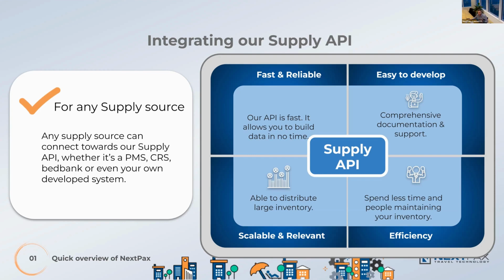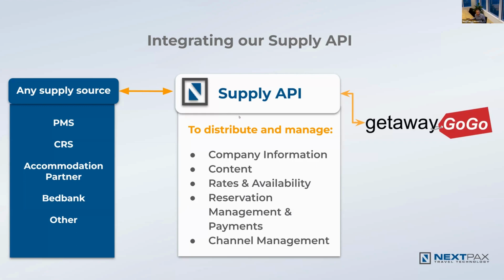And as we have the learnings from working with large property managers, we can also handle large amounts of data, and the API is extremely efficient. So this is really meant for PMS systems that don't have a connection to NextPax yet, or CRS systems, or if you are a large accommodation partner or a bed bank.